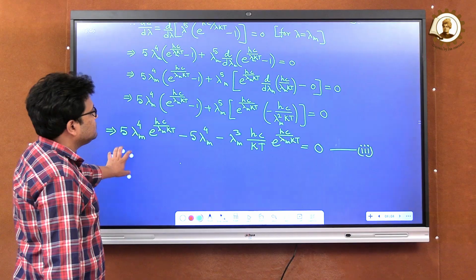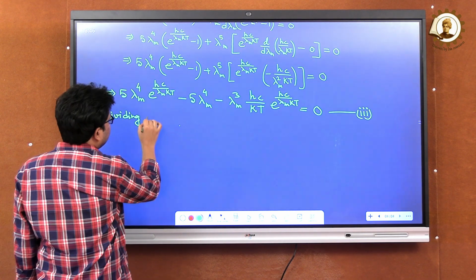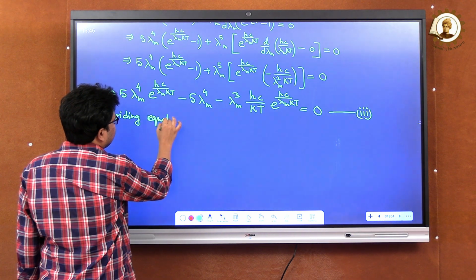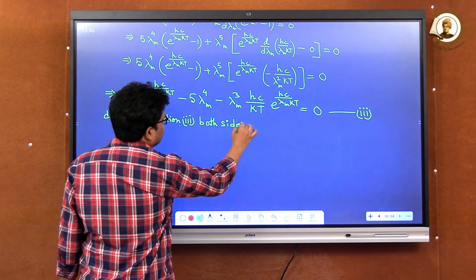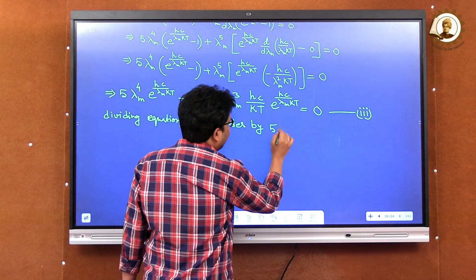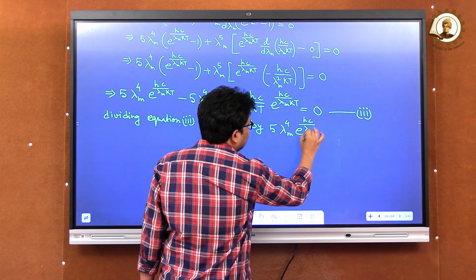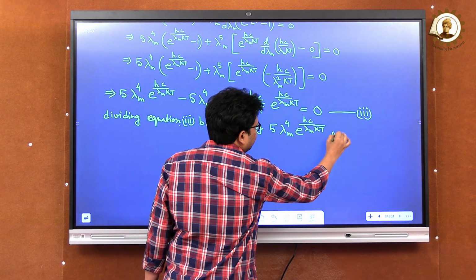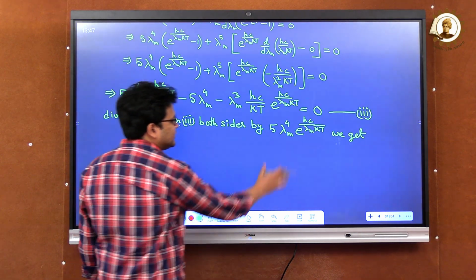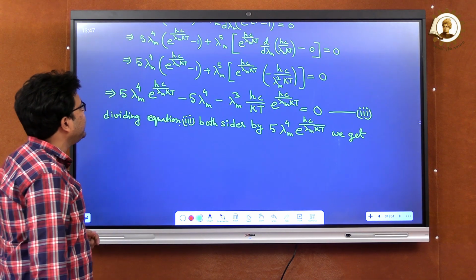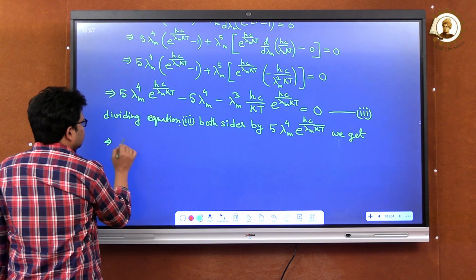So dividing equation 3 both sides by 5 lambda m to the power 4 e to the power hc by lambda m kt, we get: on the first term, if we divide by this same term, we get 1.